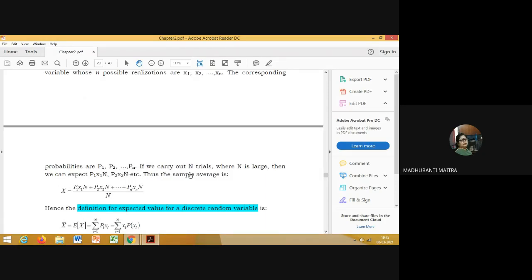So if we carry out n number of trials, where n is quite large, then since these are the realizations of the random variable and these are the associated probabilities, in n trials we would expect that x1 will occur with probability p1, n number of times.